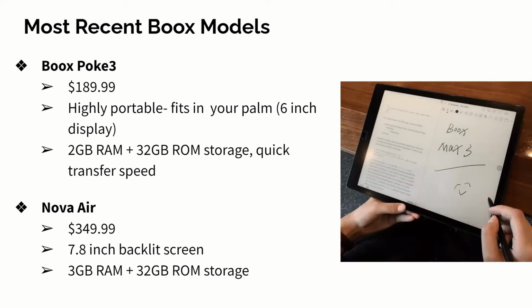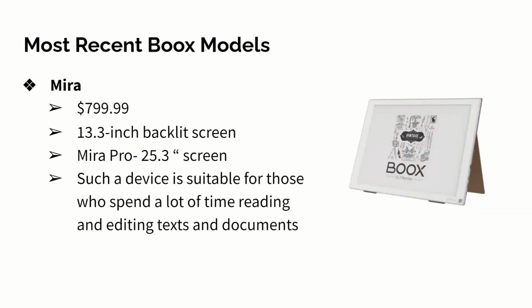And 3 gigabytes of RAM, plus 32 gigabytes of ROM storage. Most recent Boox models. Mira. $799.99. 13.3-inch backlit screen. Mira Pro 25.3-inch screen. And such a device is suitable for those who spend a lot of time reading and editing text and documents.